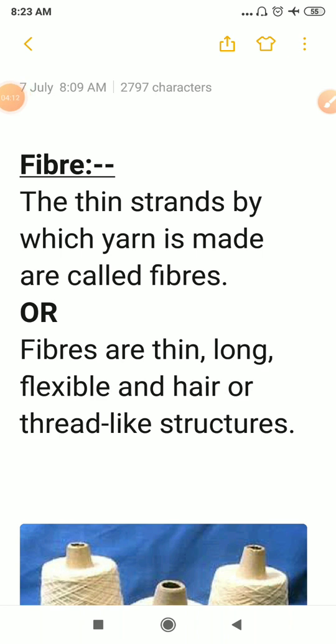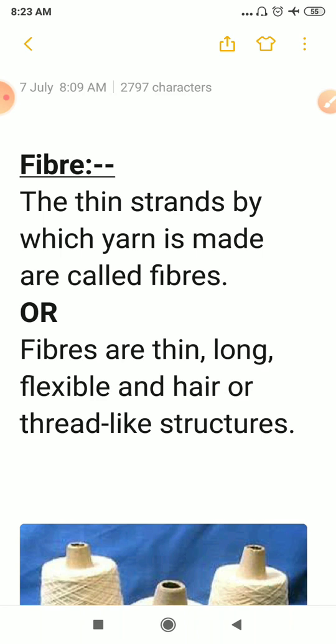All cloths are made with yarn. What is yarn? Yarns are long threads. And how are these yarns made? These yarns are made with fibers. Let us define fiber.